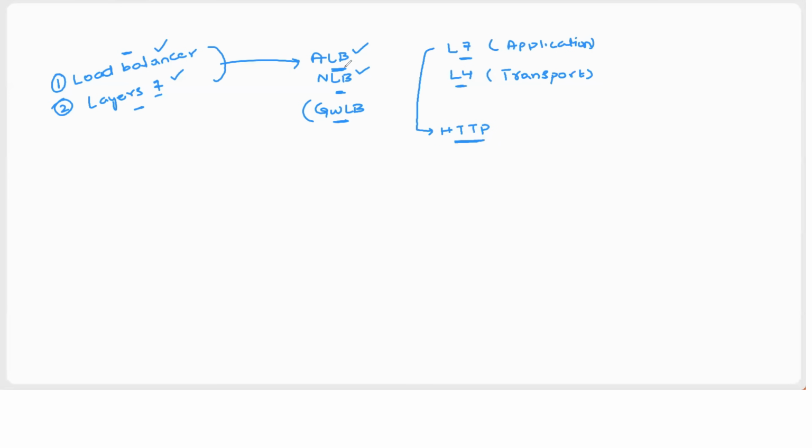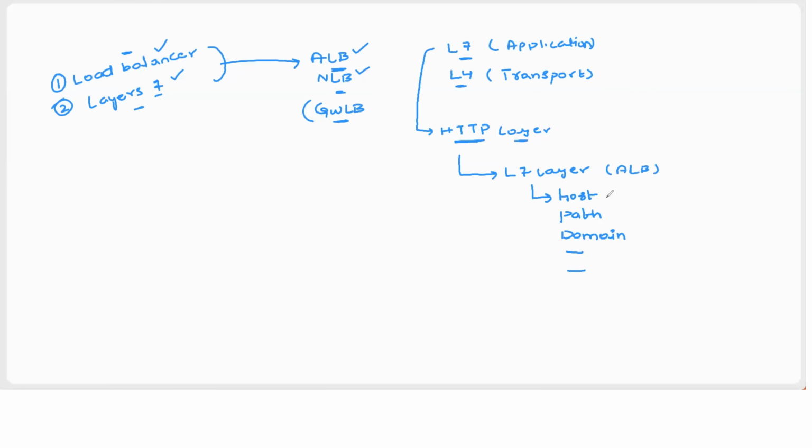So if you want to perform load balancing at the HTTP layer, that means when a user initiates a request, if you want to intercept the user's request at layer 7 and decide upon load balancing depending upon the host, path, domain, etc., then you can choose an application load balancer.